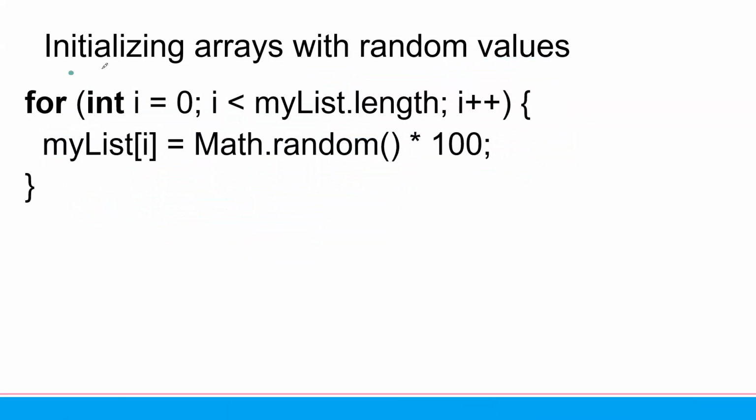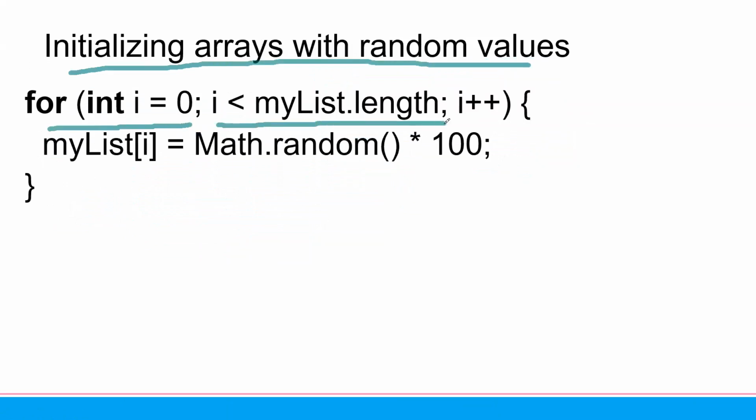If I want to initialize the array with random values, I can do the loop from i equals 0 until the length, and then I will use math.random. I hope that you still remember math.random.